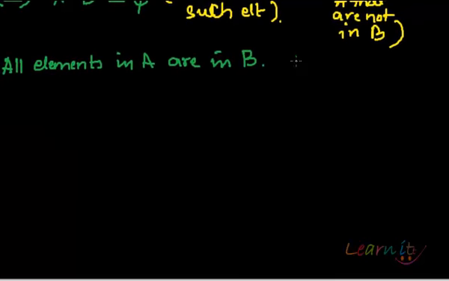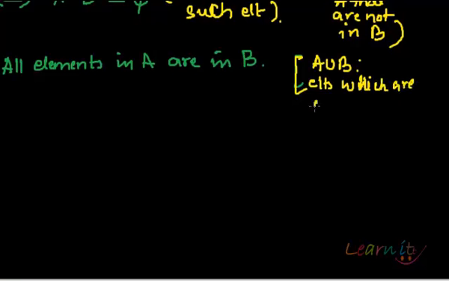Now what is A union B? Let me use a different color. A union B means elements which are either in A or in B. So now what are the elements in A and B?